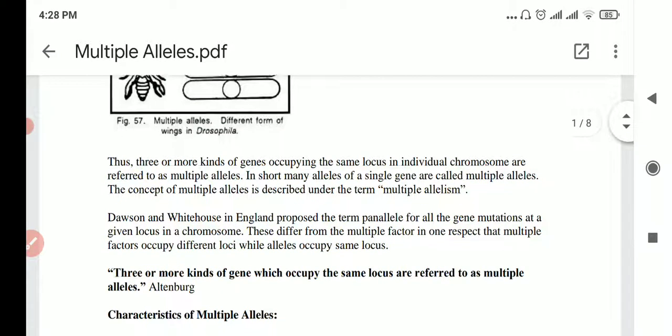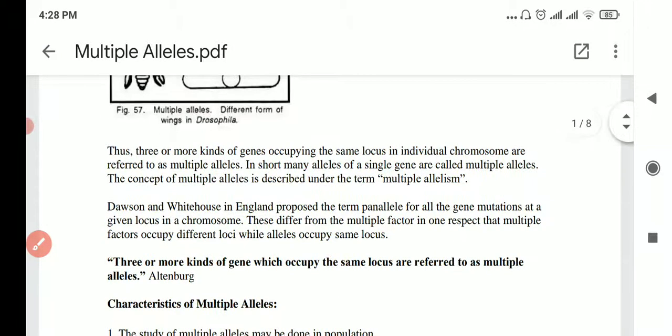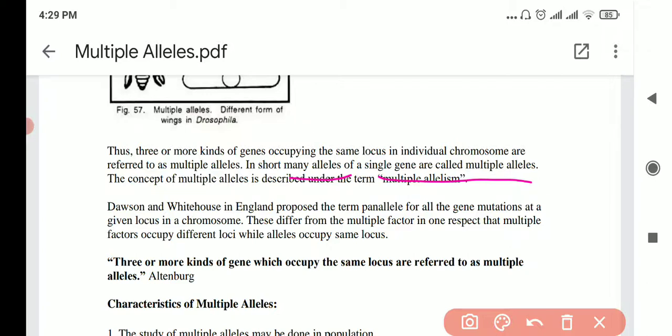So three or more kinds of genes occupying the same locus on a chromosome are referred to as multiple alleles. They should occupy the same location on the chromosome. In short, many alleles of a single gene are called multiple alleles, and the concept of studying multiple alleles is known as multiple allelism.